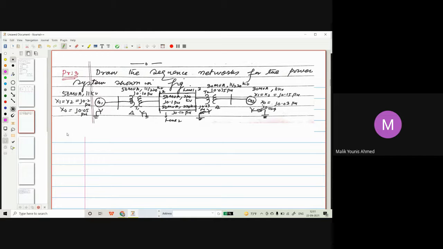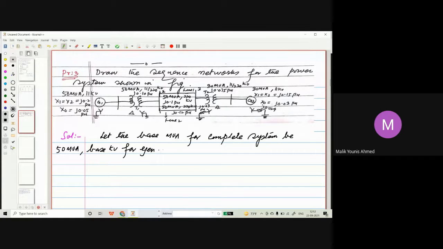So in order to start this solution, let the base MVA for the complete system be 50 MVA, since 50 is almost everywhere. And the base kV for the generator side is 11 kV.